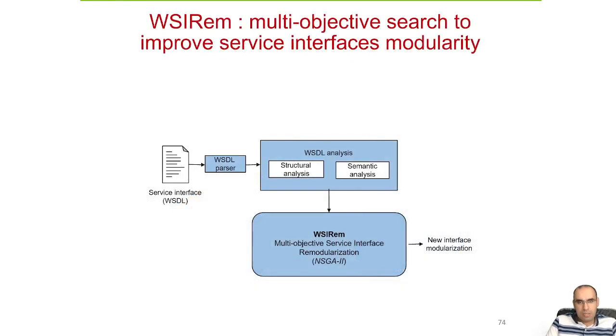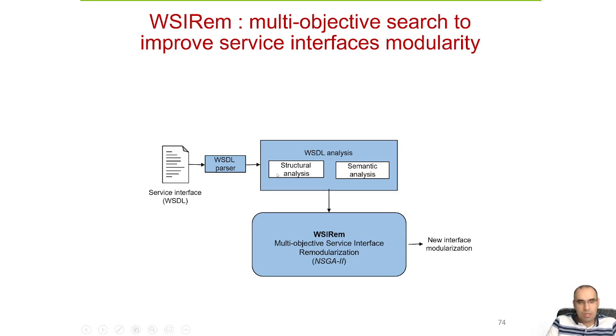So our solution consists of multi-objective optimization using the non-dominated sorting genetic algorithm NSGA2. We take as input a web service interface described in WSDL, Web Service Description Language. Then we parse the interface to extract both structural metrics and semantic metrics.